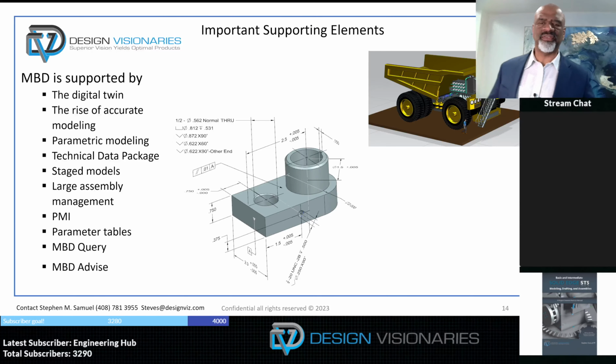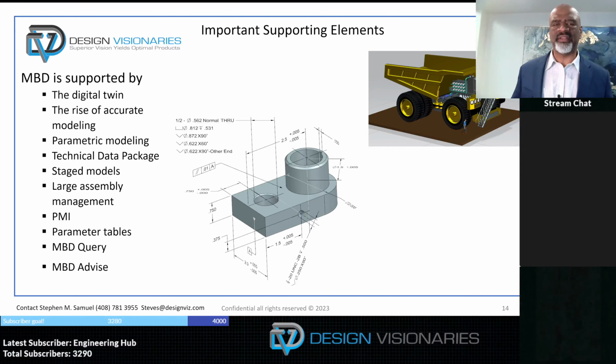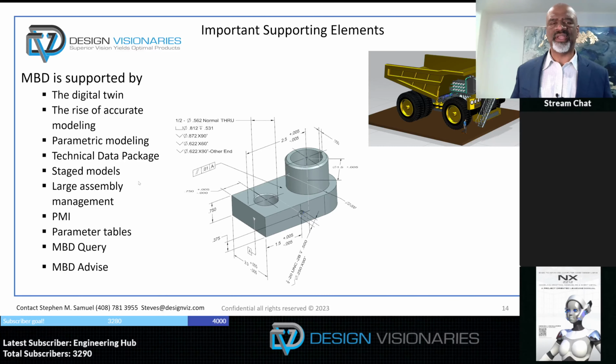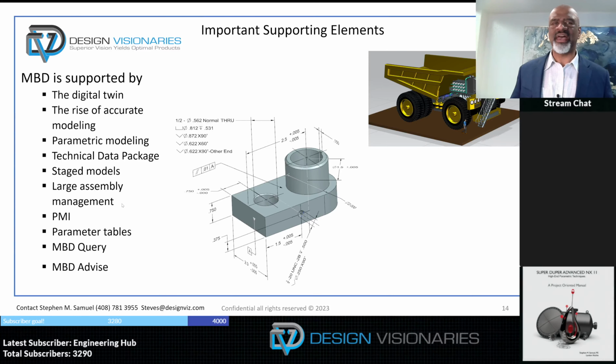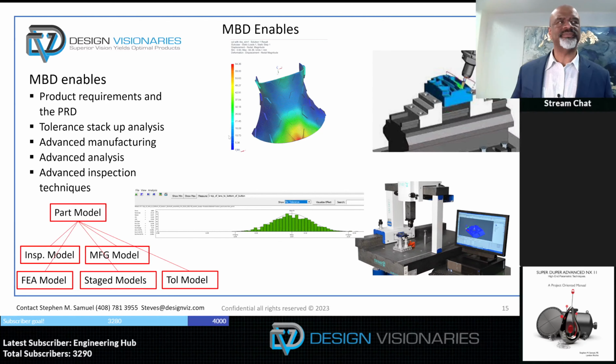And so that gives us a better way of really understanding and capturing the actual data. We do large assembly management, PMI, parameter tables, model-based design, model-based definition query, model-based definition advise. So these days we have these tools that enable us to have much, much better success.